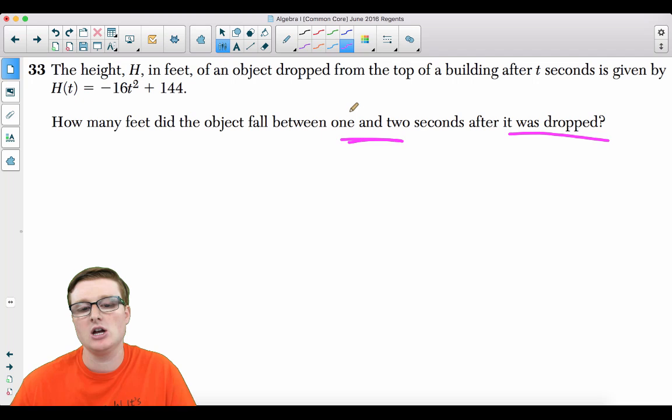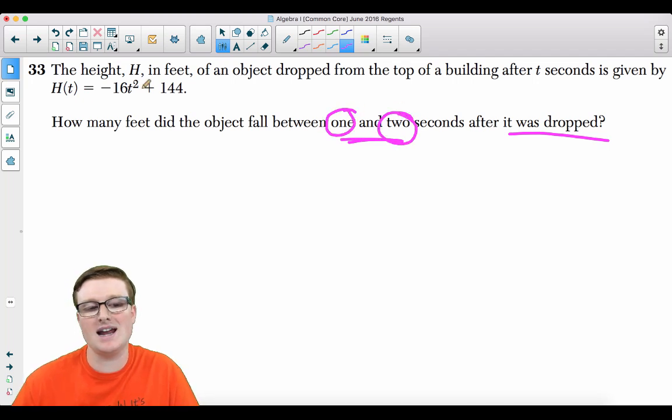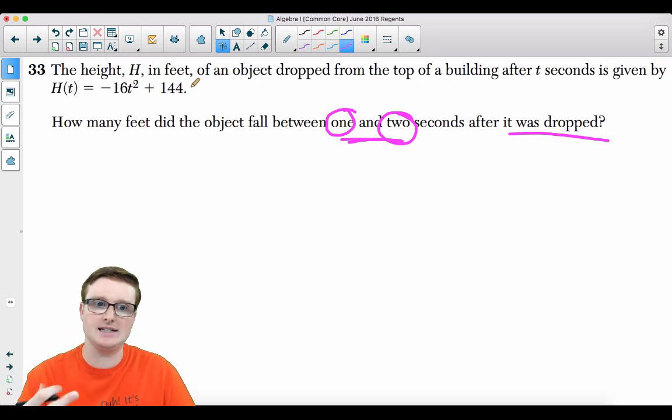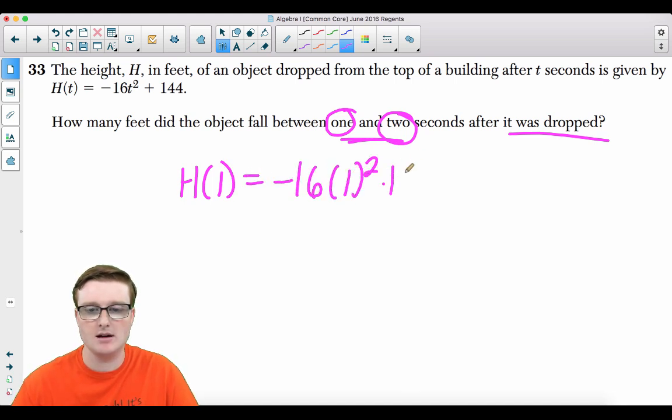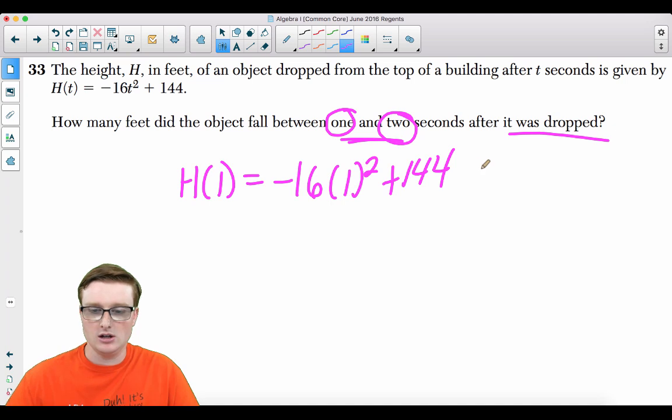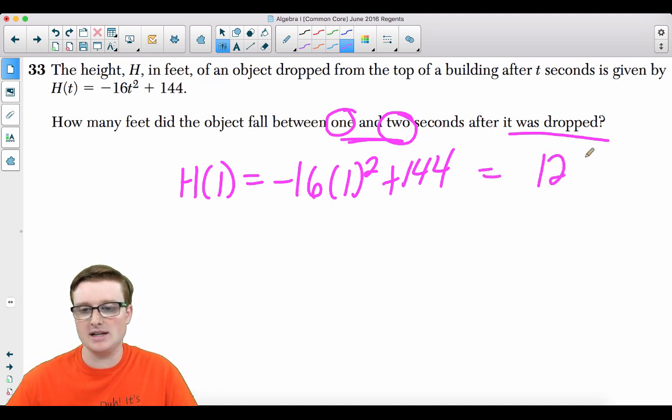So in other words, you're just going to plug in the number 1 and the number 2, because this is a height function. They tell you the height if you plug in the numbers. So h of 1 is negative 16 times 1 squared plus 144, which equals 128.